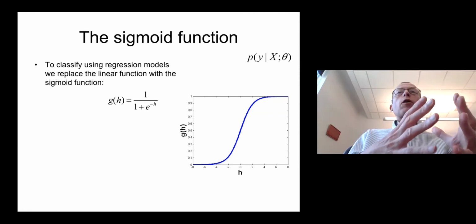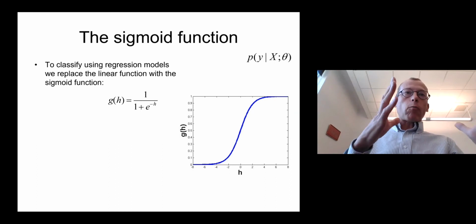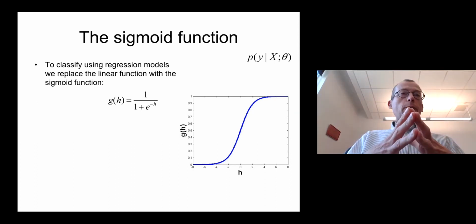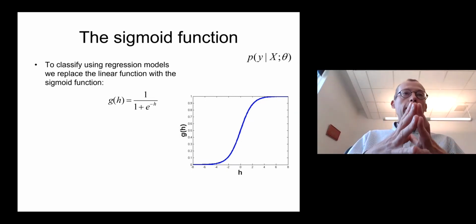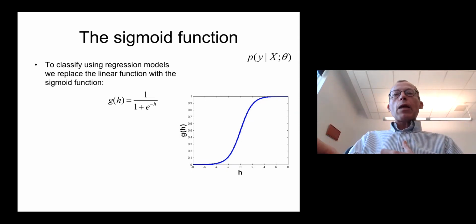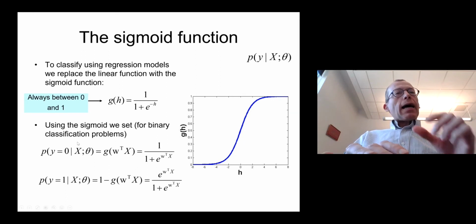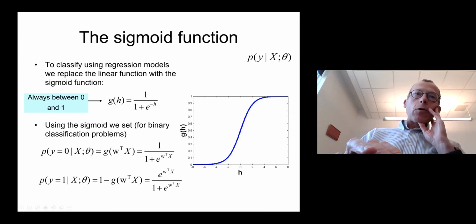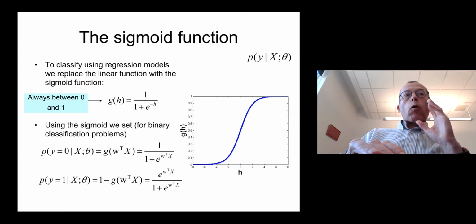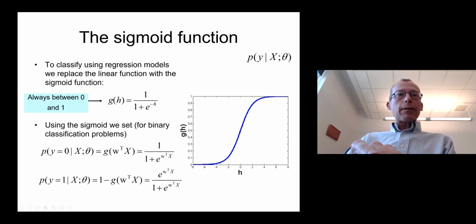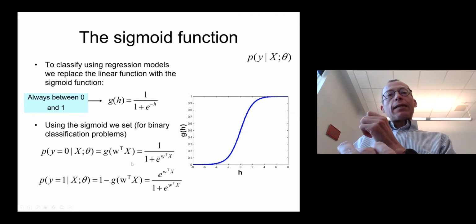Again, the important thing for us is that it's always between 0 and 1, which immediately brings the idea of using it for probabilities. We know probabilities are always between 0 and 1 as well. So an idea we can use, or one possible way to use this, is to define the probability of a class using a sigmoid function, and use that as the target function.